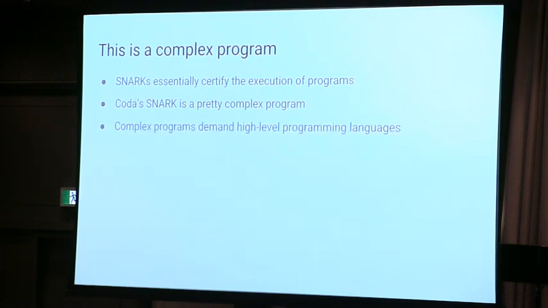Complex programs demand high-level programming languages. Maybe there are some C hackers in here who disagree with me, but I assert it. Why? Well, you need to be able to check programs' correctness, especially in an application like this. If it's not correct, it doesn't mean anything. And also to actually write in the first place. I'm not that good at writing very low-level programs.